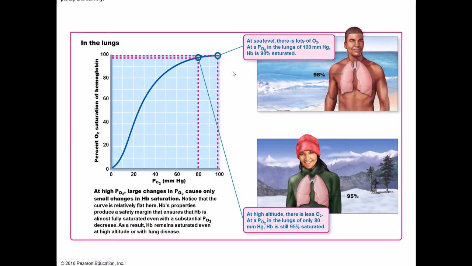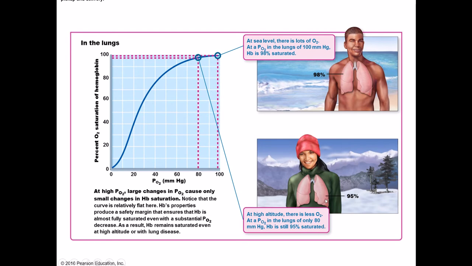We can look at how partial pressure changes atmospherically. Here at sea level, there is a really high partial pressure of oxygen. There's plenty of oxygen around here at sea level. And you can see our hemoglobin molecules in our blood are 98% saturated.